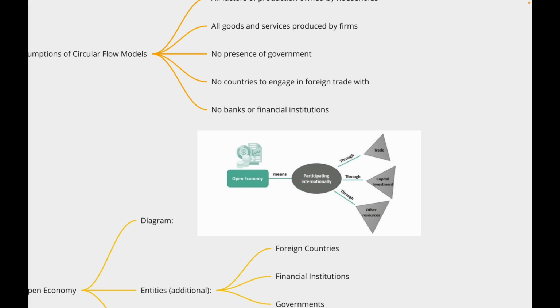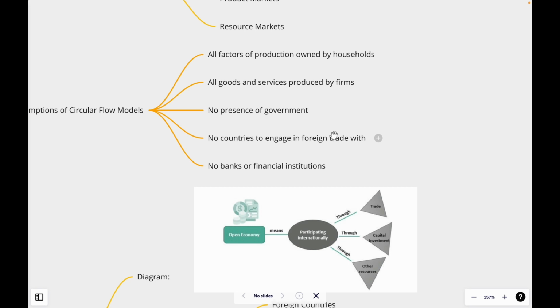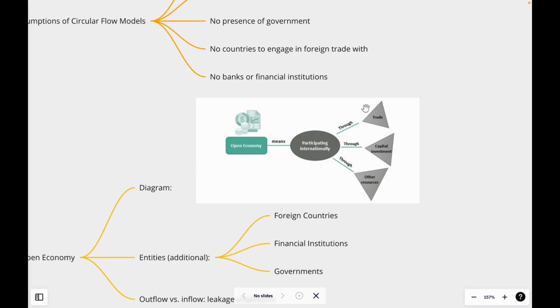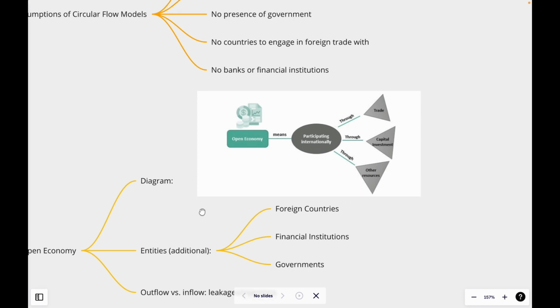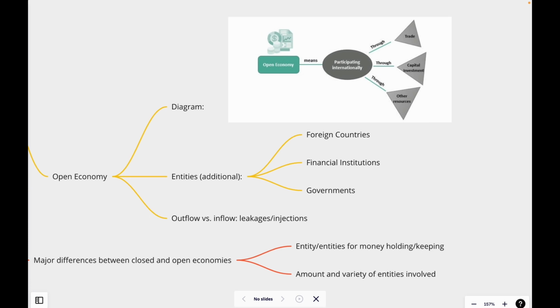Fourthly, there are foreign countries that produce goods and services that are considered exports, and they consume goods and services that are considered imports. And fifth, there are financial institutions where households can save their income and from which firms can take out loans to make investments to grow their businesses. So the next 3 are actually in contrast with the top 3 right here: the government, the countries, and the financial institutions. They are the 3 additional entities that the open economy is referring to.